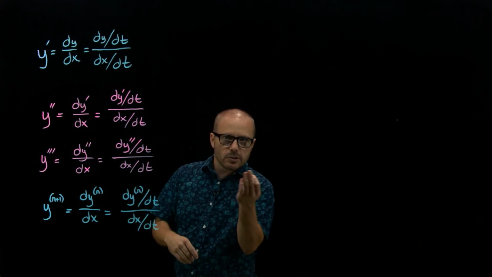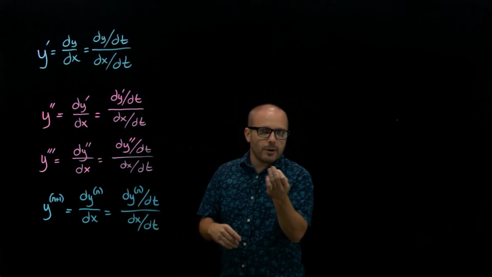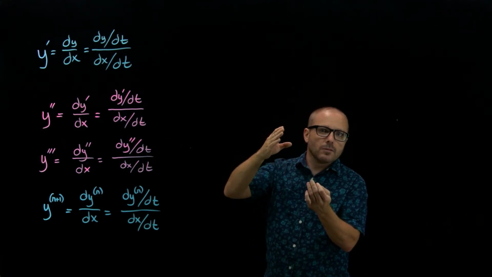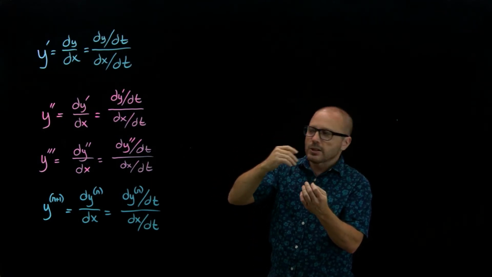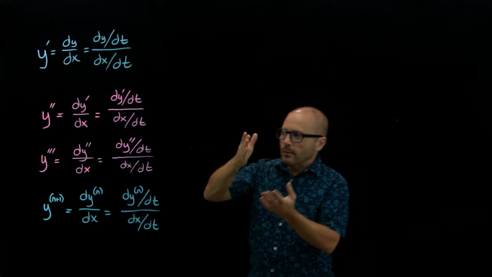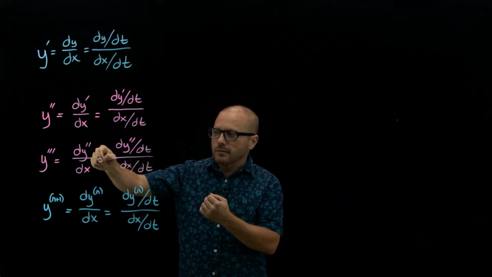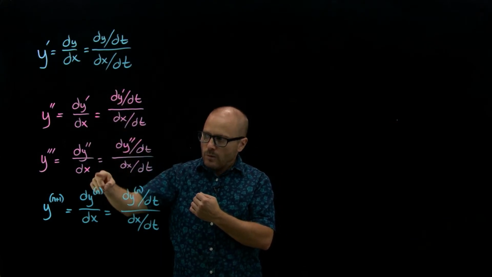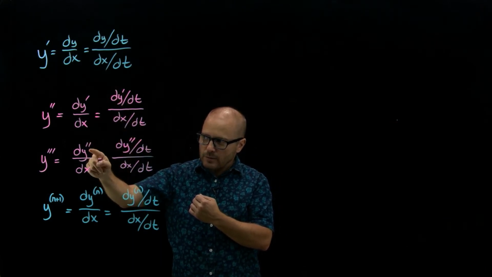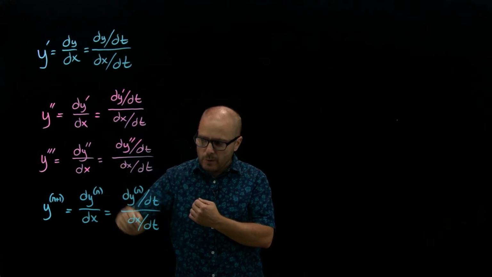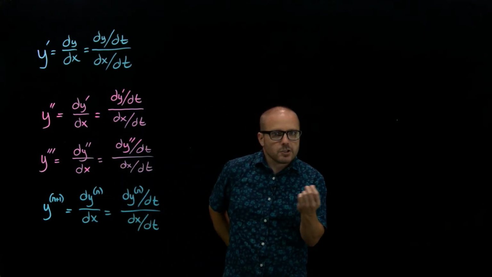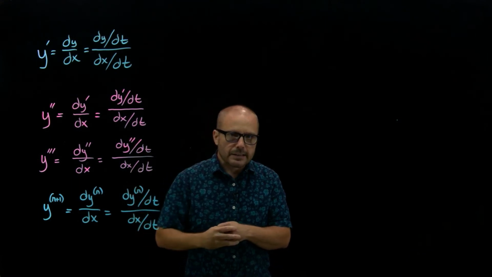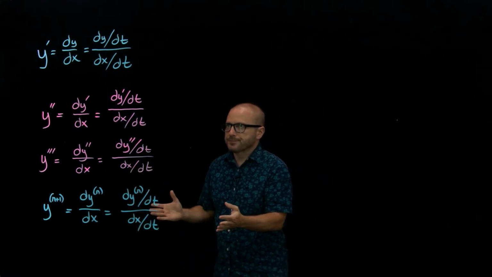So you're only ever changing your independent variable, x, and looking at the reaction, if you will, or the ratio of change with the dependent variable. And so what's changing each time is that function, now y prime, y double prime, whatever. But you're only ever changing that independent variable. That's why this is always just dx/dt on the bottom.